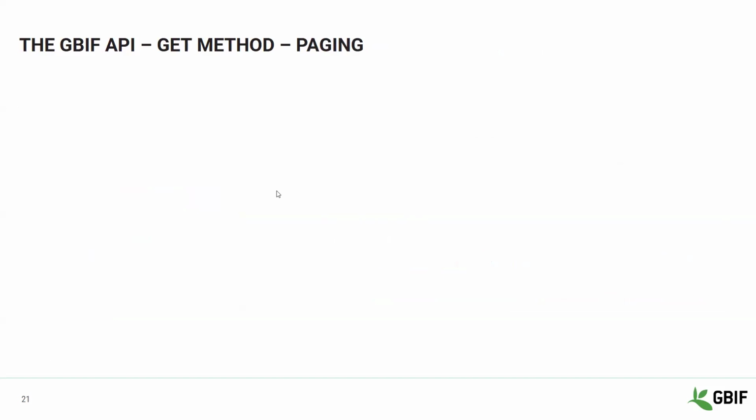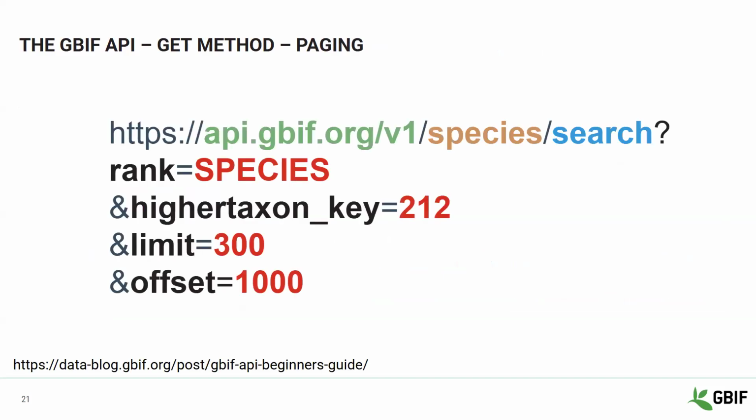Okay. So what happens if there is a lot of data? When there is a lot of data, we need to browse through pages, because if we send a query for something like a sparrow, there will be millions of records, and our website or our R will get stuck just getting all the data. So what GBIF does is GBIF sends the data in pages, so that GBIF server is also not overloaded.